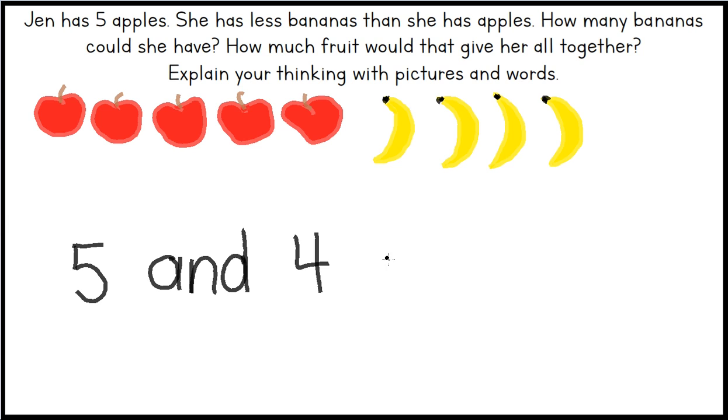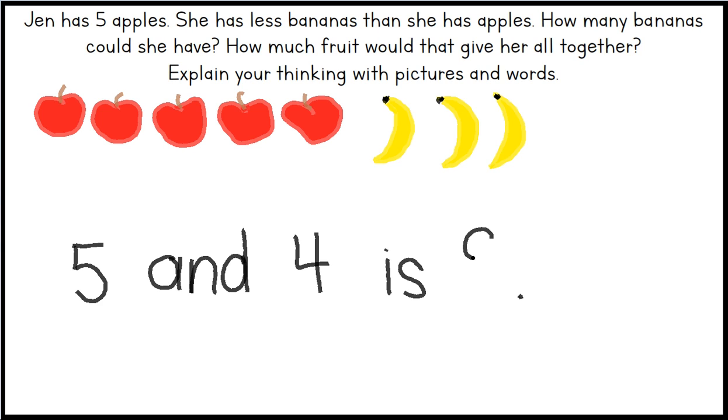Okay, 5 and 4 is, now we're going to count to see how much fruit we have. 1, 2, 3, 4, 5, 6, 7, 8, 9. All right, so this could be one of your answers. Now, what if I only had 3 bananas? We would not have 9 pieces of fruit anymore. How much would we have?